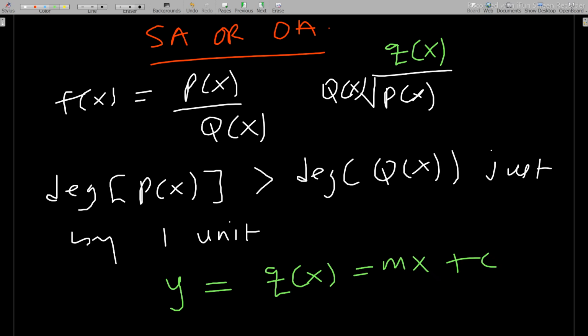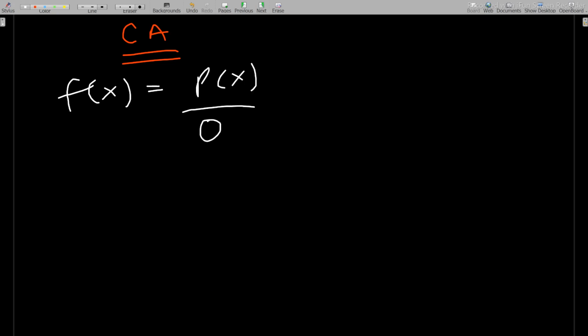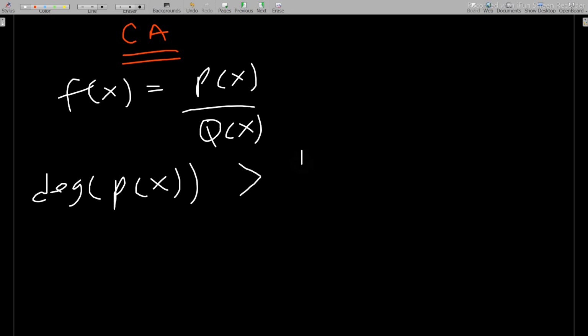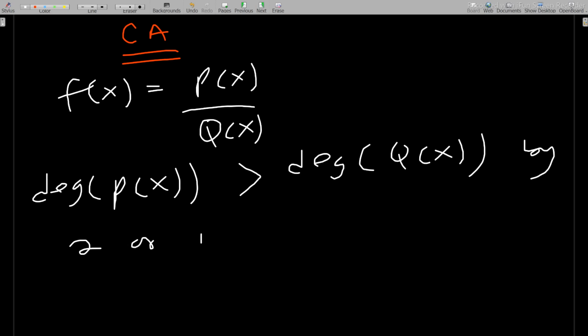Now let's talk about the curvilinear asymptote. With that one, you have f of x being equal to p of x over q of x, and the asymptote is also a curve. That is why we call it curvilinear. But the condition is that the degree of p of x is greater than that of q of x by 2 or more units.